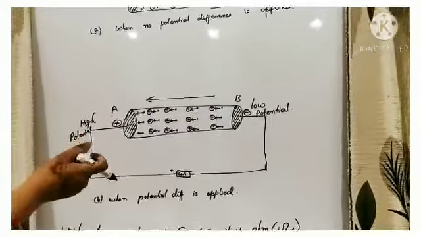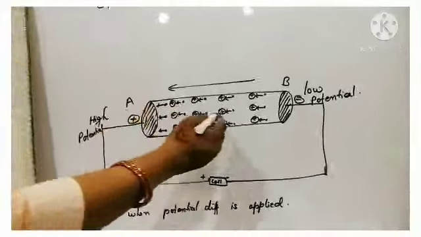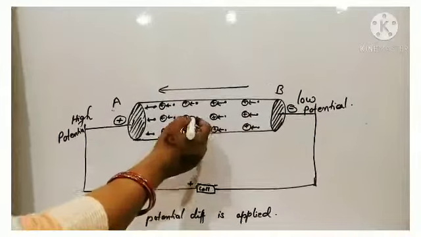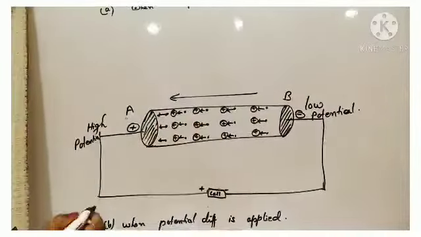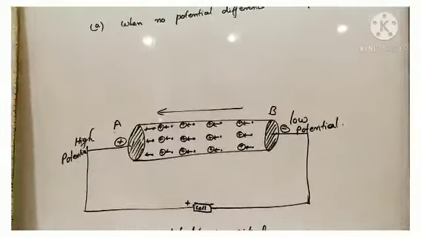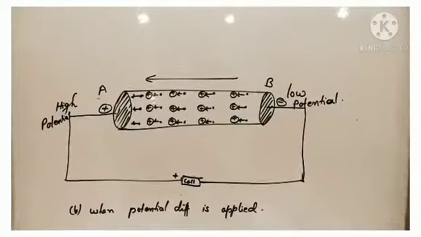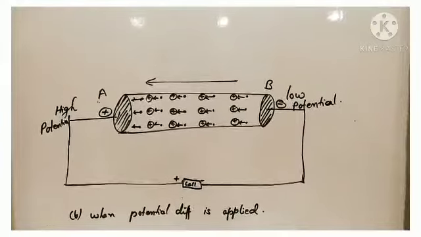Due to the force, their speed increases, but during the movement, when they come to the positive ions, they lose some kinetic energy, due to which their speed decreases.